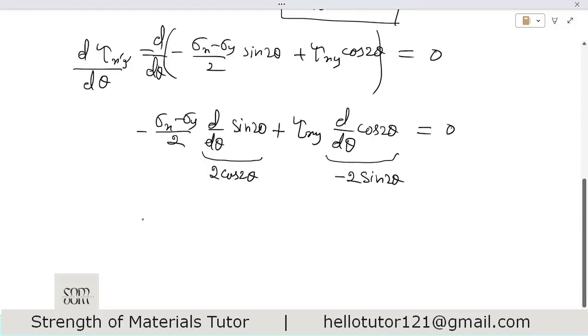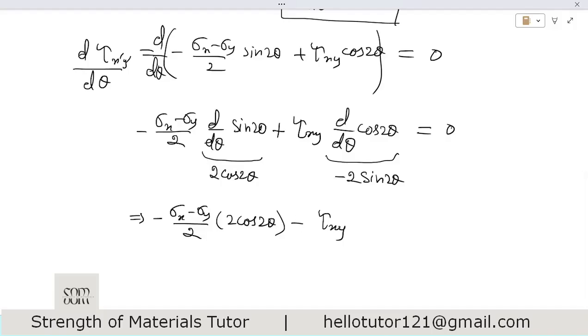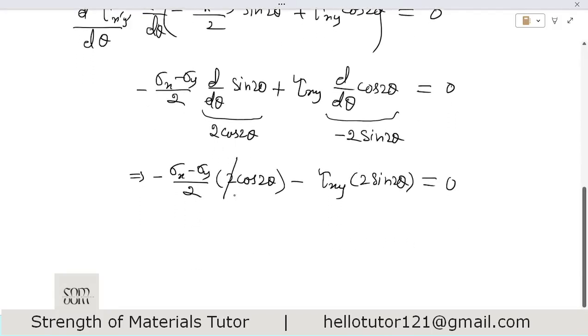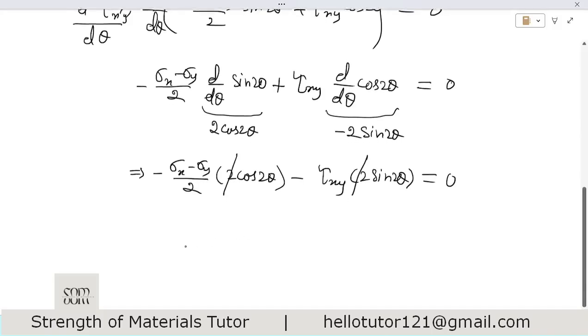So when we substitute these values, it is going to be negative sigma x minus sigma y divided by 2 times 2 times cosine of 2 theta plus tau xy. Now this is negative, so I will keep it outside, times 2 times sine 2 theta is equal to 0, right? Now this 2 and 2 will cancel out, okay?